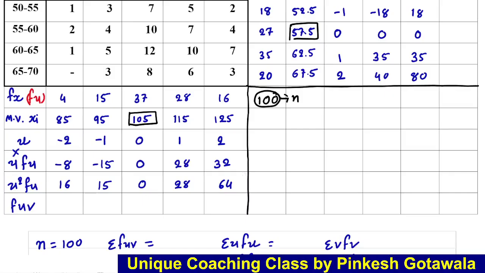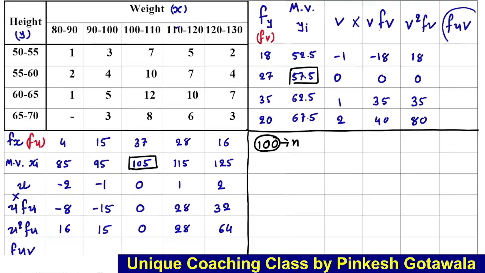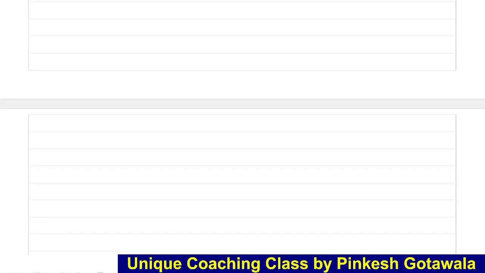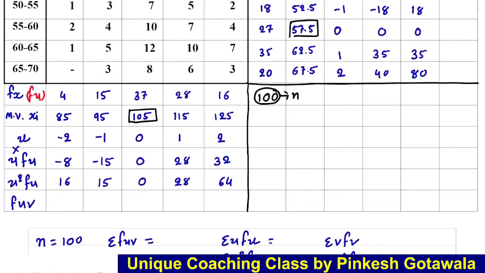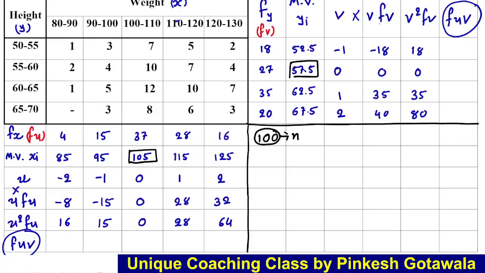Now the next what? fuv, and this is the most important thing in this sum, that is fuv. We have prepared this column on both sides, fuv. Now I'm going to explain how to find out fuv.